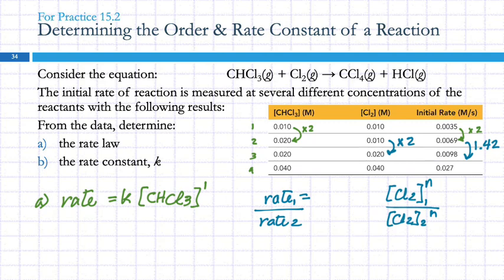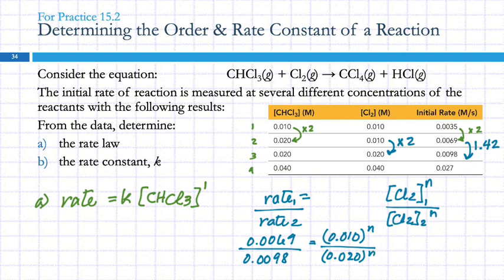So here's rate 1, 0.0069, divided by rate 2, 0.0098, is equal to the Cl2 concentration to the n power divided by the other one to the n power.